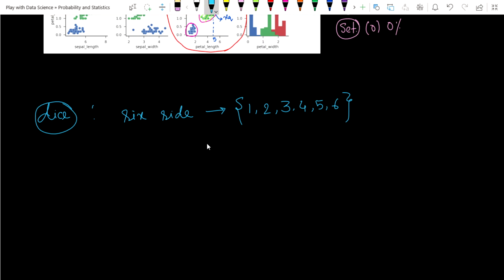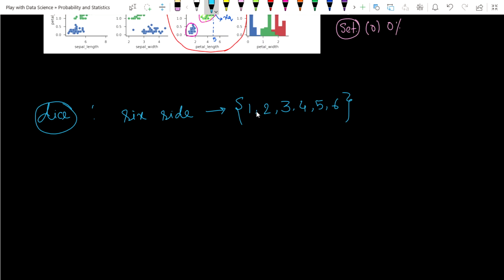If you throw a dice, and the dice is fair, then every point is equally probable.